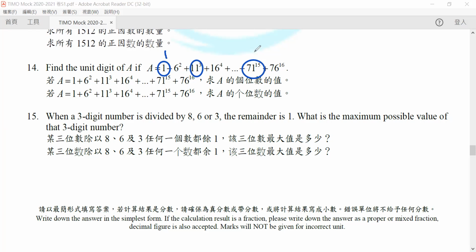Because for the last digit, it is not affected by tens or hundreds or thousands, whatever. It's only affected by the least significant digit, which is the 1. And 1 multiplied by itself no matter how many times is also equal to 1.